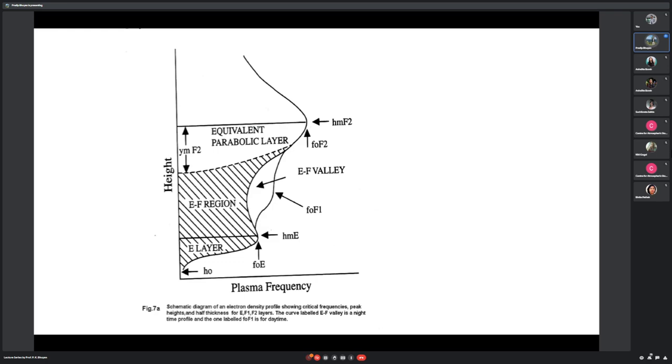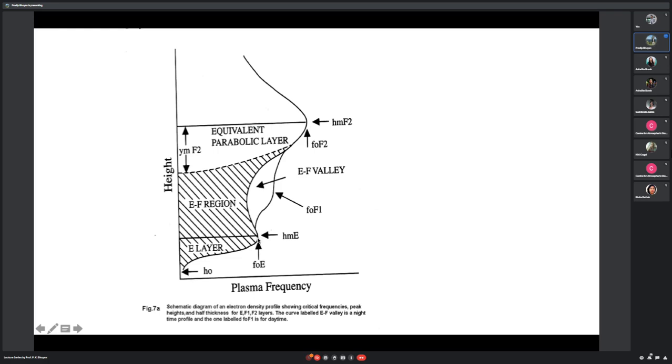So from there, if you continuously increase in height, if the radio wave goes up, it will encounter regions of higher and higher electron density, as you can see. The radio wave going from here will encounter this region of higher electron density.